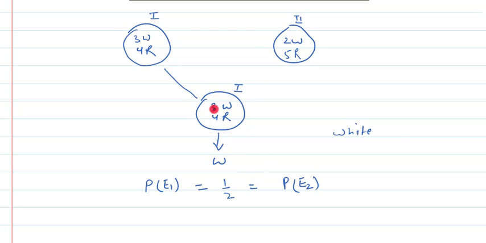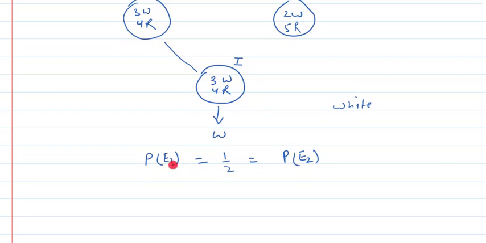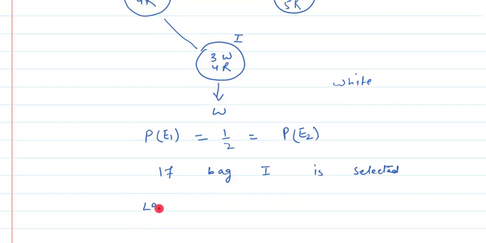Now from the selected bag we need to draw a white ball. As we have done in conditional probability, the condition here is that bag 1 is selected, and let A be the event of selecting a white ball.